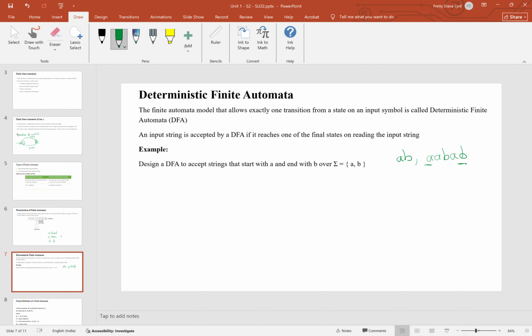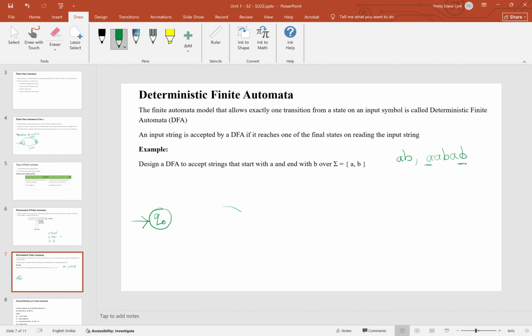So first the initial state. I am considering Q naught as the initial state, and we denote the initial state like this. What should be the starting symbol? A should be the starting symbol.